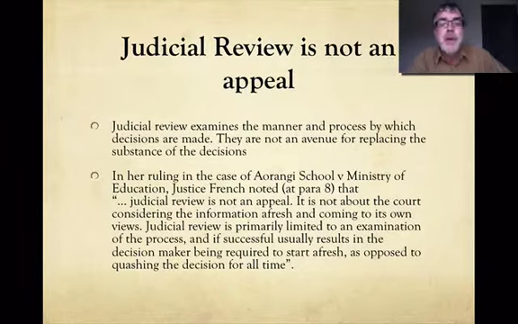This was spelled out in the Aorangi School case that I gave you a copy of. Justice French says judicial review is not an appeal. It's not about the court considering the information afresh and coming to its own views, in this case to do with school closure. Judicial review is primarily limited to an examination of the process, and if successful usually results in the decision maker being required to start afresh, as opposed to quashing the decision for all time.